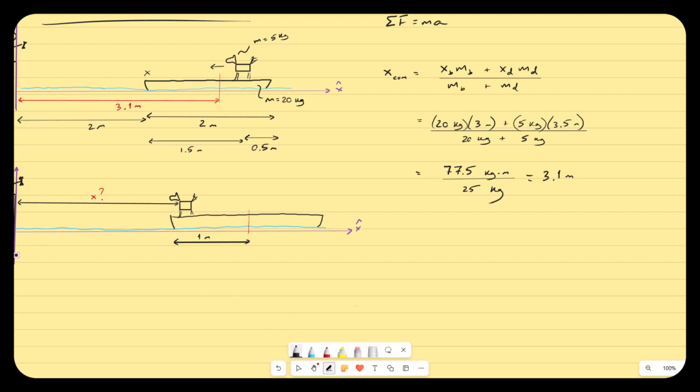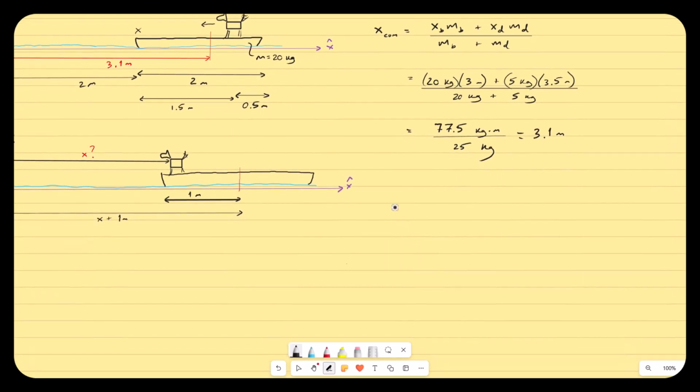So from the dock to here is going to be X plus 1 meter.